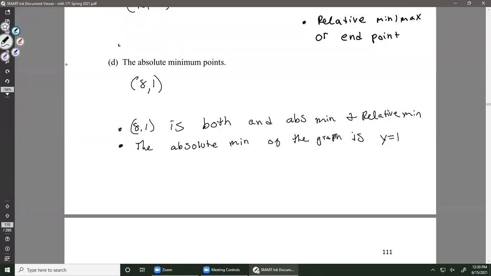So if I ask you, what is the absolute min? Or if the homework asks you, not me. If I ask you, feel free to give me a point. If it just says, what is the absolute min? Give it the y value.